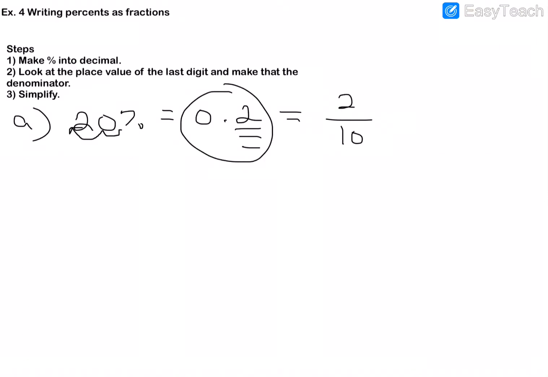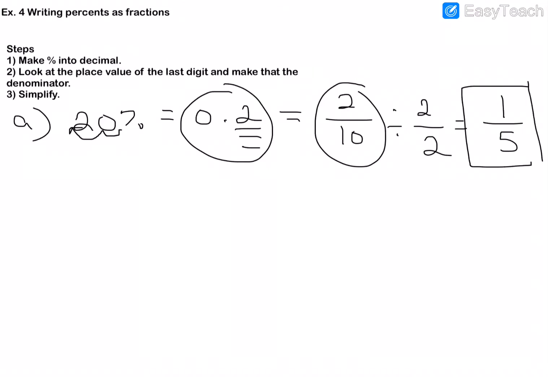And that's how you would write that fraction, 2/10. All right? But I have to simplify. Step 3 says simplify. So I need to divide by 2 because they're both even numbers. I can simplify this down, and I'm going to get 1/5 because 2 divided by 2 is 1 and 10 divided by 2 is 5. So 20% is the same thing as 1/5.